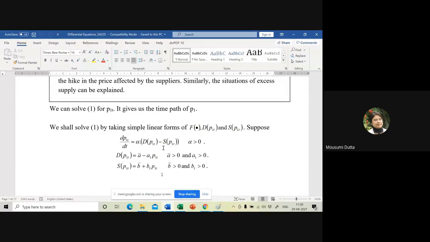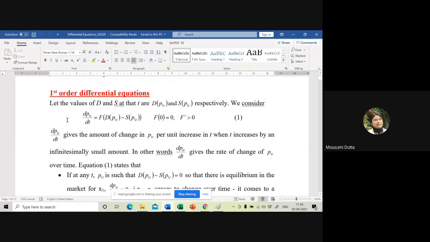So here, we are trying to put the matter in this way. Higher the excess demand, greater will be the speed of increase in the price. So that is the idea. Now to derive the time path using this expression, I'll consider a linear function.